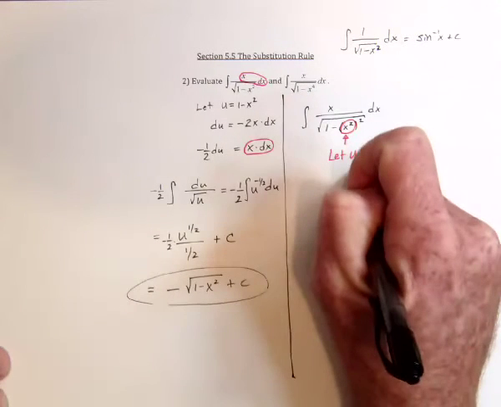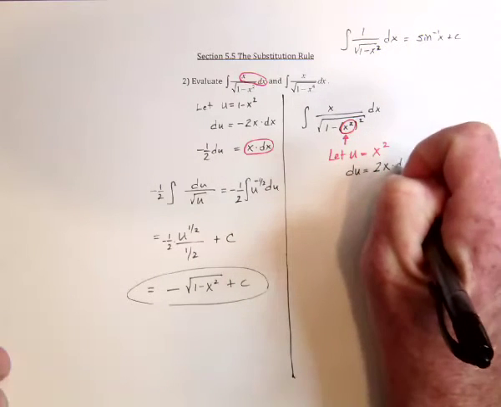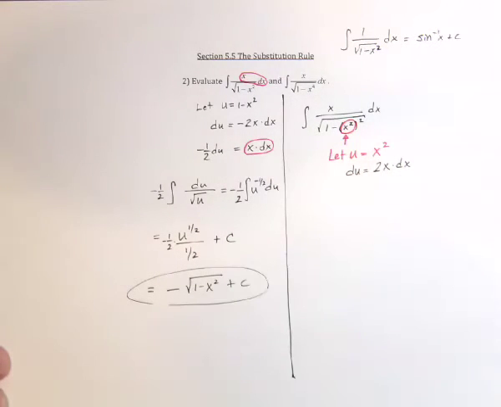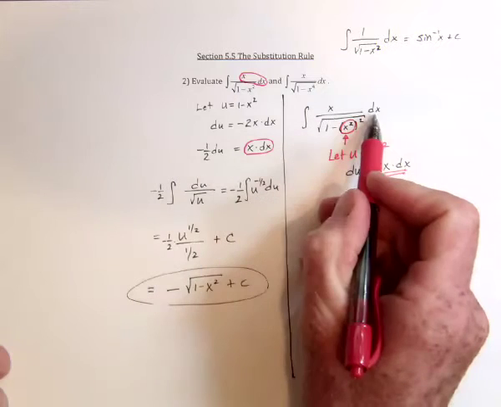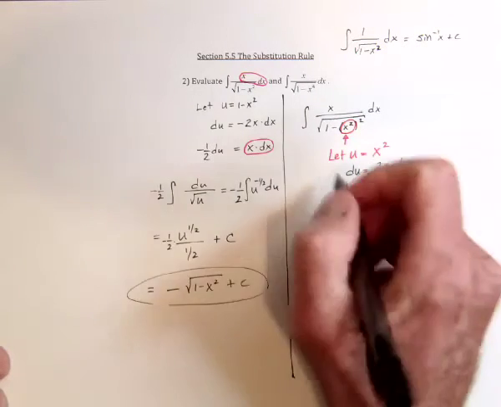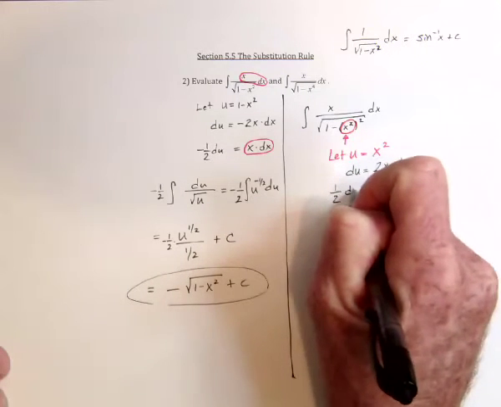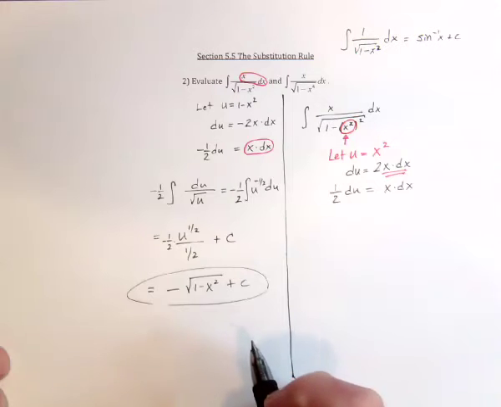So then we'd have the derivative of u is going to be a 2x with respect to x. And that works out perfectly because this has x dx and this has x dx. I just need to multiply by 1/2. So 1/2 du is equal to an x dx.